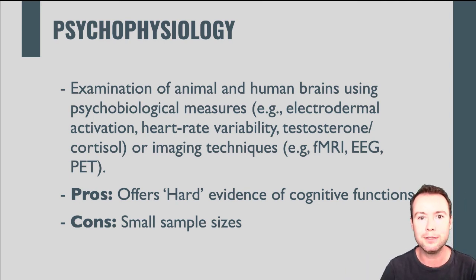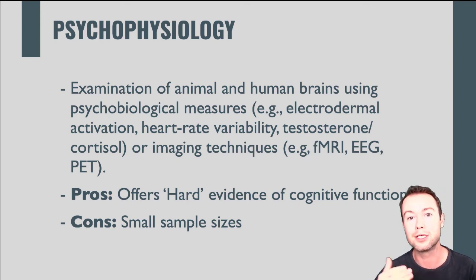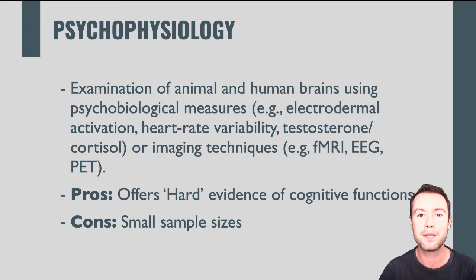Similarly, we might use techniques such as heart rate variability. If you think that your heart beats in a consistent, regular, non-variable pattern, you're wrong. There's a lot of variability in the difference between the times of the heartbeats, and one of the things that we can do is record the exact timings of these.